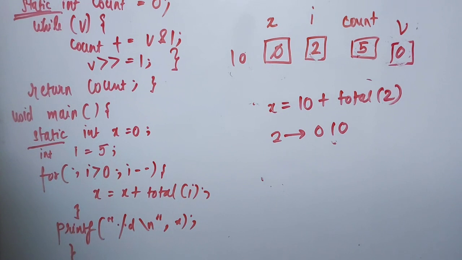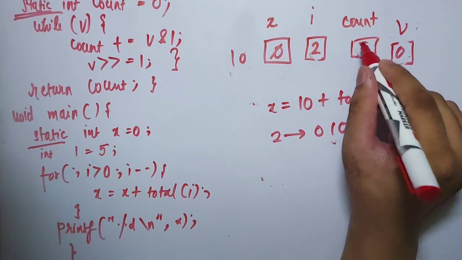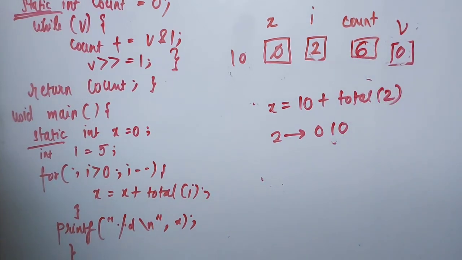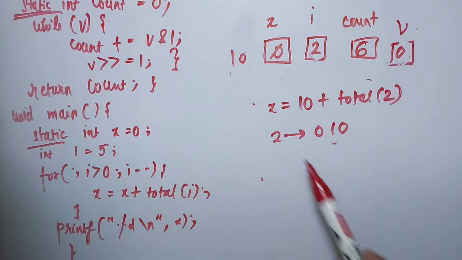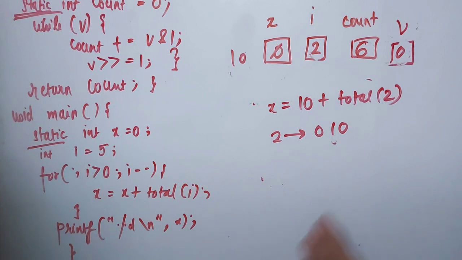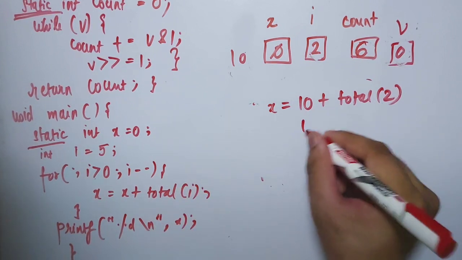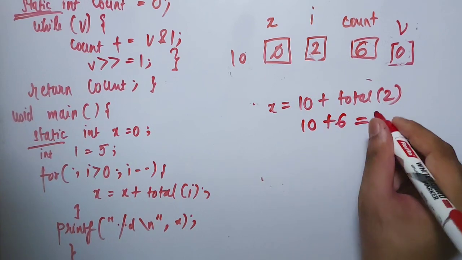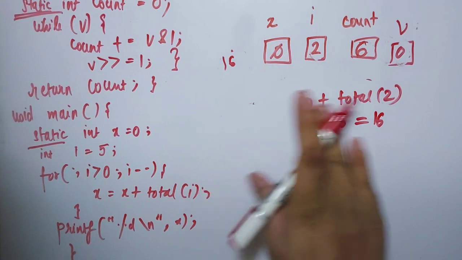So count gets value 6, because it is counting the number of ones, and in 2's binary representation there is only one 1, so it will get incremented by 1. So count value is 6, and it will return at last the value of count. So 10 plus 6, which is 16. So x gets value 16.